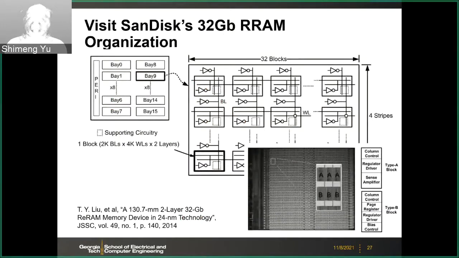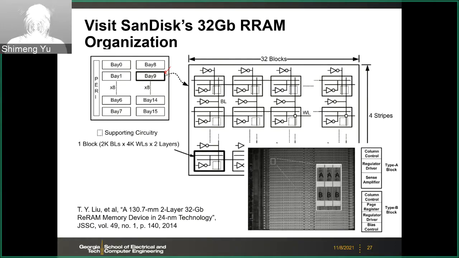So here let's visit the RRAM organization. In total 32 gigabits, distributed into 16 bays. They call it a bay; you can think of it as a bank. You can have different names, it doesn't matter. This is the highest level of division or partition. 32 gigabits into 16 means each bay is 2 gigabits.